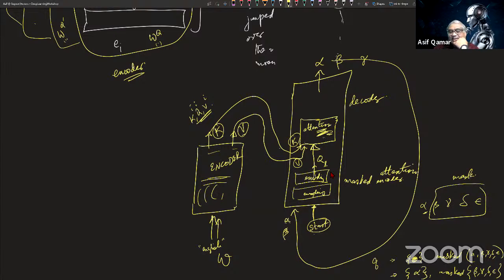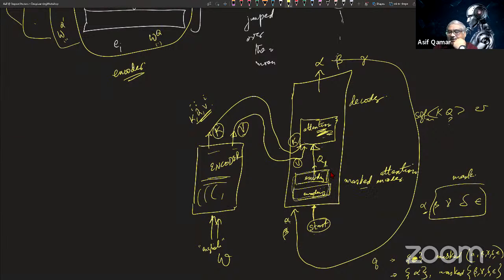But if we are going to do that here, we need the Q also to create the attention, because attention needs K, Q, V, softmax. So where is the Q? The answer is, you create a few attention layers here.